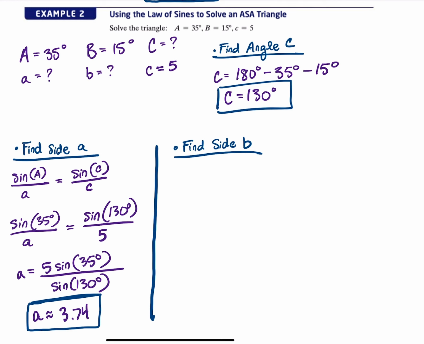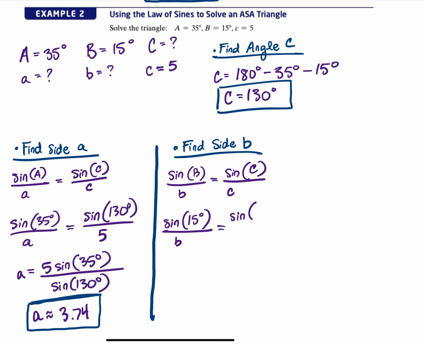So let's relate B and C. We can say the sine of angle B divided by side length B should equal the sine of angle C divided by side length C. So plugging in, that will be the sine of 15 degrees over unknown side length B equals the sine of 130 degrees over 5.